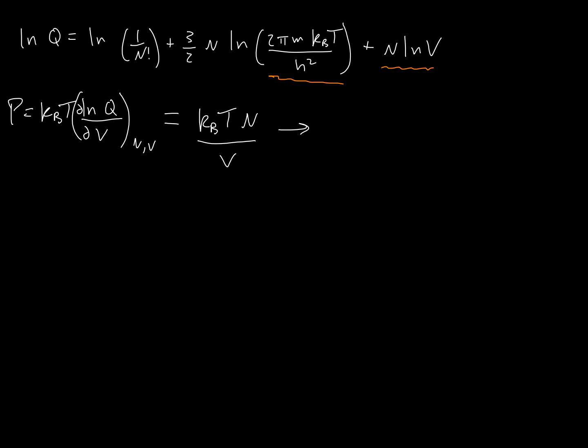We rearrange this expression. We get PV equals N kBT. Or we could write PV is equal to nRT, rather, not N_A, sorry, n, in terms of units.